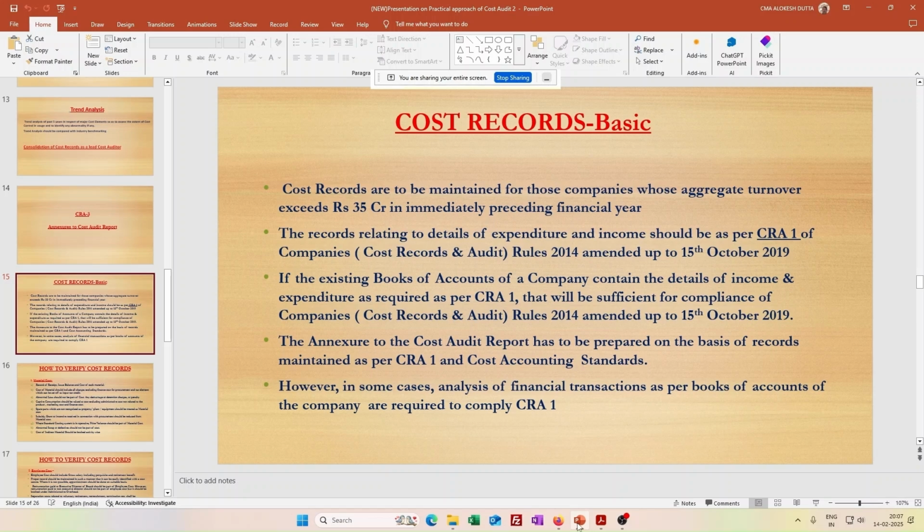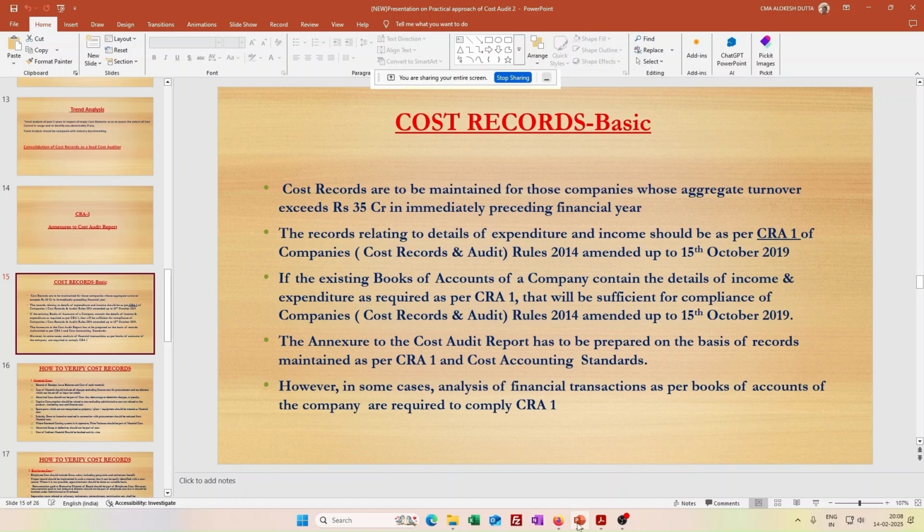If your existing records are sufficient to comply with CRA 1, you need not keep separate cost records. The records being maintained by the company are sufficient if CRA 1 is satisfied. So you have to know whether CRA 1 is satisfied or not while auditing or preparing cost records. I'll show it one by one, step by step.